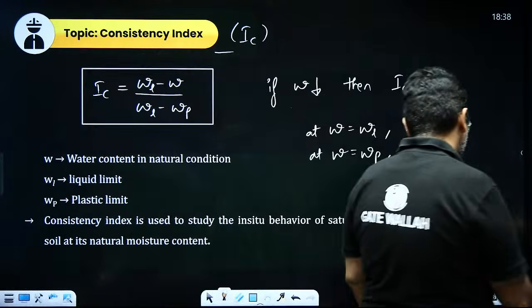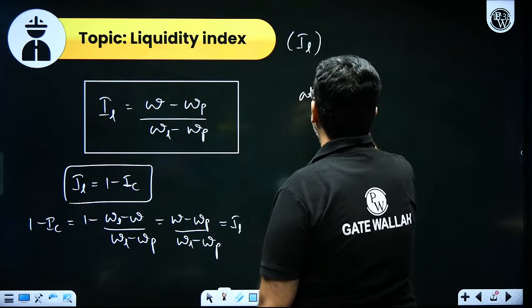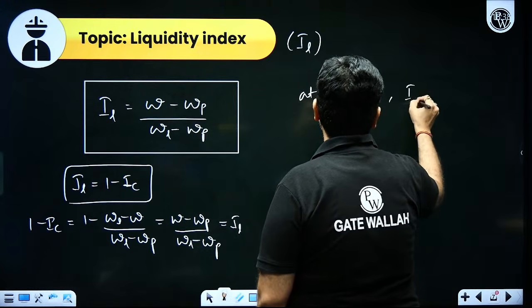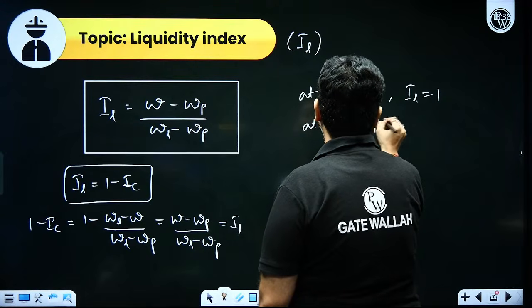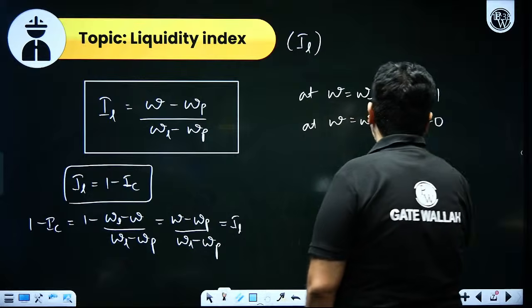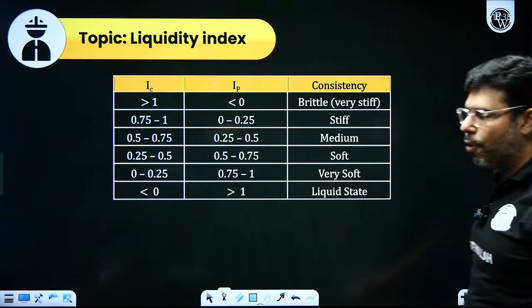And for IL it will be reverse. At W equal to WL, IL is equal to 1, and at W equal to WP, IL is equal to 0. And various ranges of IL and IC are given in this table, just decreasing by 0.25.